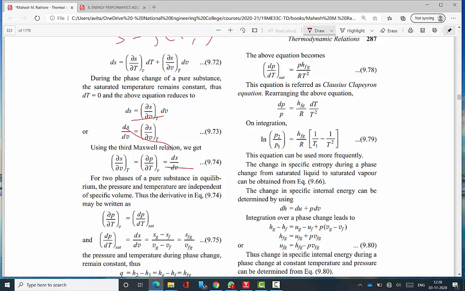So (∂P/∂T) at constant volume can be rewritten as dP/dT along the saturation direction, during the phase change process. Then dP/dT at saturation is equal to dS by dv, which is Sg minus Sf, where Sg is the gaseous phase and Sf is the liquid phase, and dv equals vg minus vf, that is, Sfg and vfg.